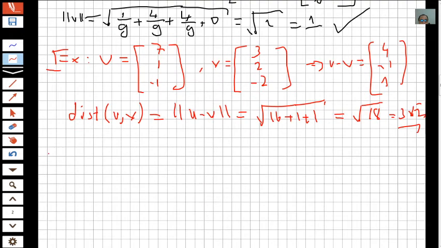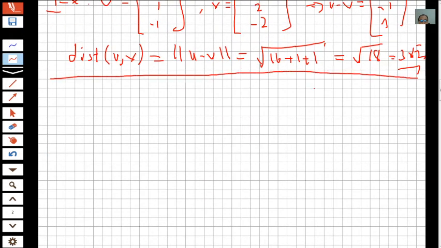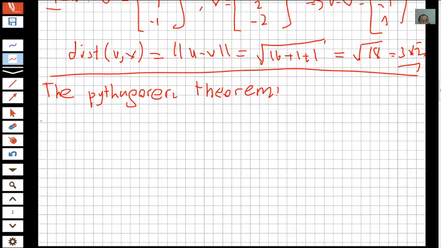Let's prove this theorem, the Pythagorean Theorem: the square of the norm of u plus v is equal to the square of the norm of u plus the square of the norm of v.